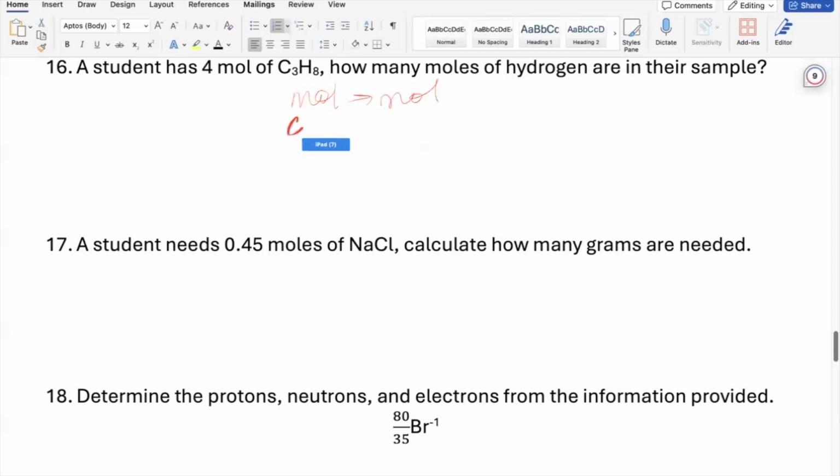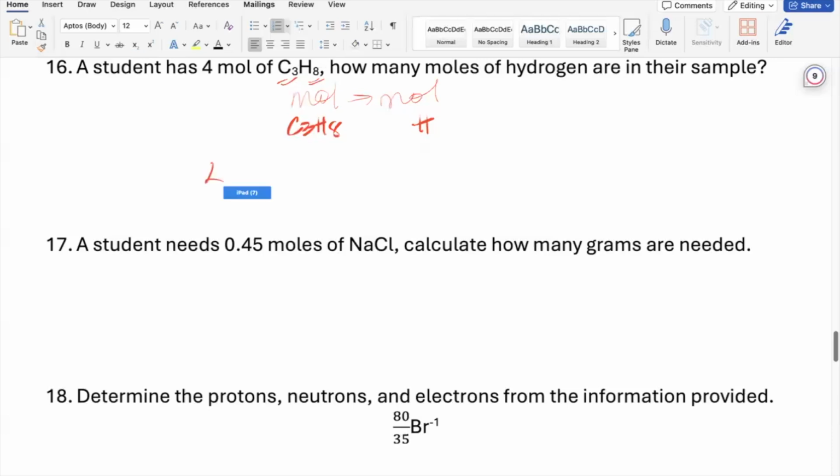And it appears like we're going from moles to moles of different compounds. But we're not given a balanced equation, all right? Which means although this appears like it's a stoichiometry, because we're not given a balanced equation, this is one where you use the internal numbers of the molecule, okay?